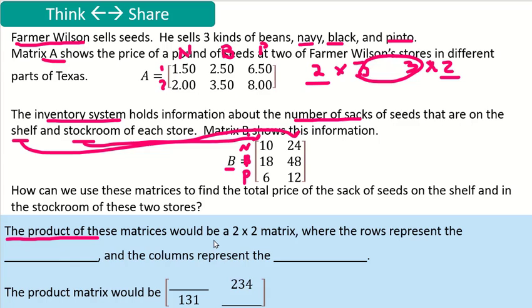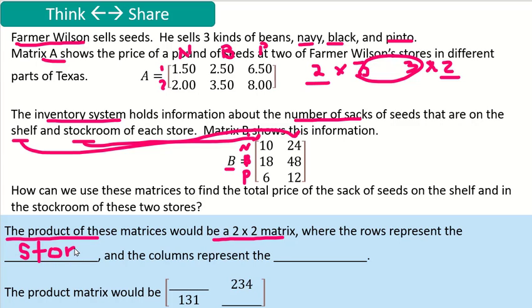Okay, so when we multiply these matrices, we would get a 2 by 2 matrix where the rows represent, well, let's take a look at this now. So the rows are going to represent the different stores, so these are store 1 and store 2.